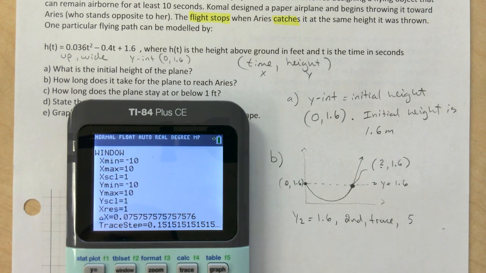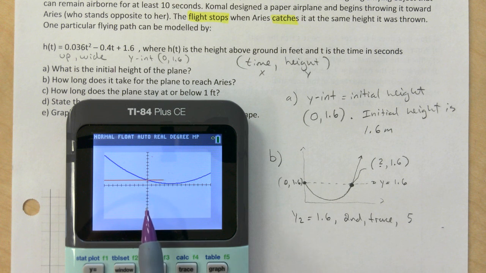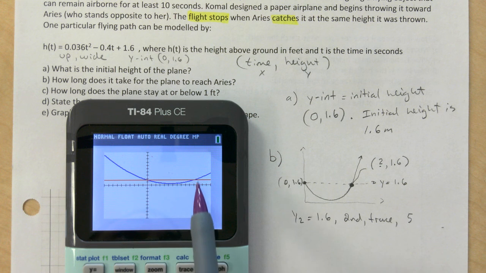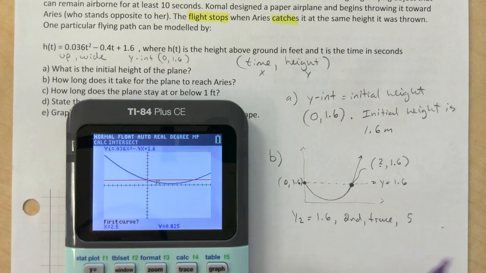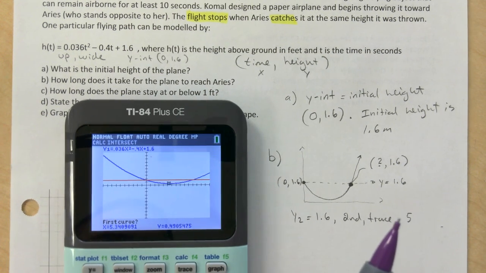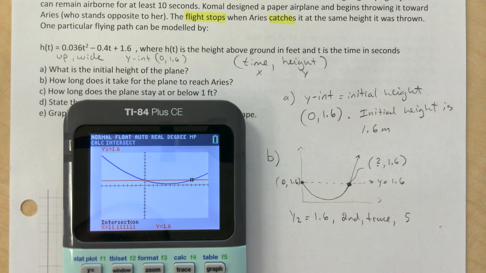I'm going to increase my x max by a little bit. Just by a little bit. And there I see it, right? The action is really just right here. Okay, it starts here and would stop there. So let's go and find that intersection of the second encounter. Enter, enter, enter.